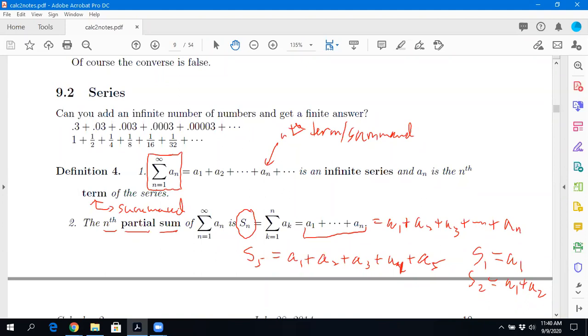The partial sums, which is a sequence of numbers, by the way, because you have S1, S2, S3, S4, and you all understand what I mean by these, right? S1 is A1. What's S2? A1 plus A2. S3? A1 plus A2 plus A3. S4? A1 plus A2 plus A3 plus A4, et cetera. So convergence of the series means that the sequence of partial sums converges.